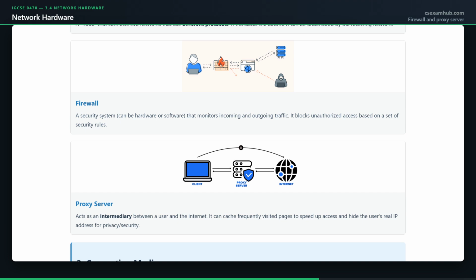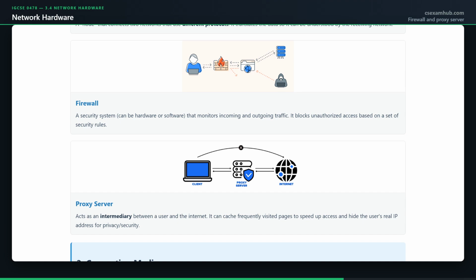A proxy server acts as an intermediary between a user and the internet. Requests go to the proxy, and the proxy makes them on the user's behalf. That gives it two useful properties. It can cache frequently visited pages, so that a page requested by many people in an organization is served from the local copy rather than fetched again, which is faster and reduces bandwidth.